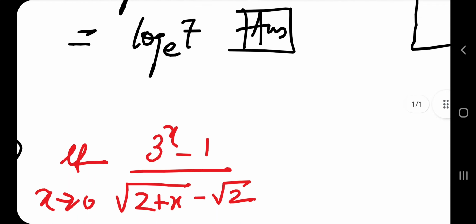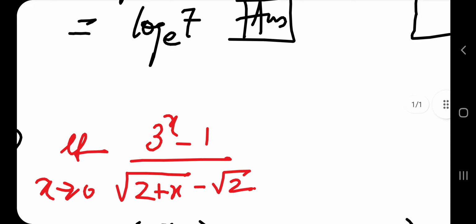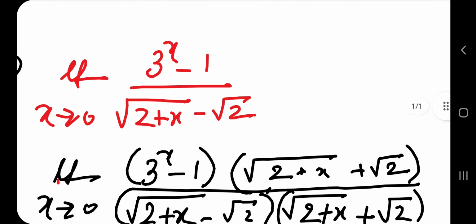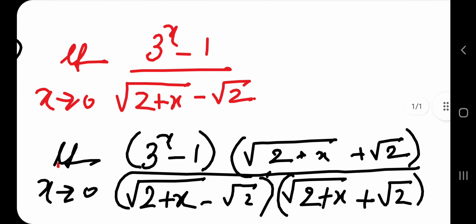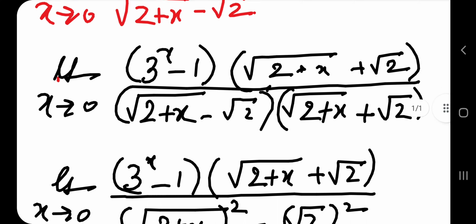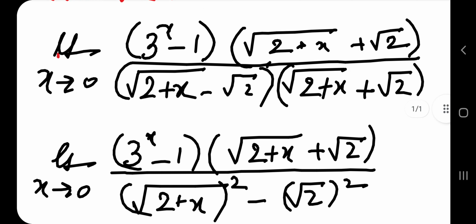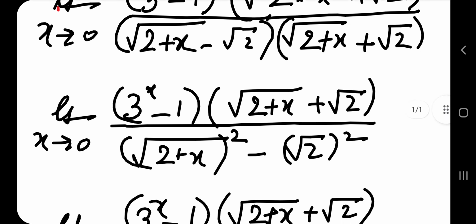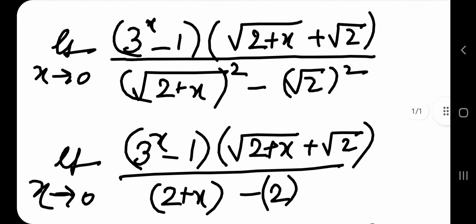Next sum. Limit x tends to 0, (3^x minus 1) by, an irrational form is there in the denominator. We have to rationalize it. Rationalize the denominator. And then after rationalizing, we will get the denominator as this.